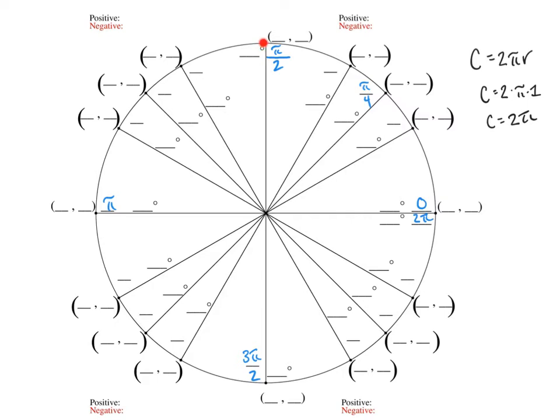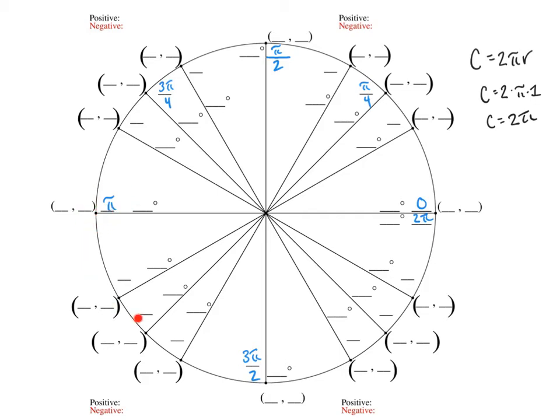If we add another pi over 4, so 1 pi over 4, 2 pi over 4, we get 3 pi over 4. If we keep on going, we add pi over 4 to this, we get 4 pi over 4, also known as pi.